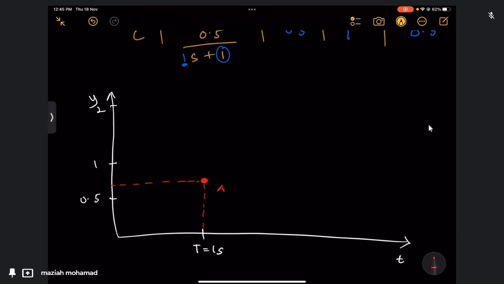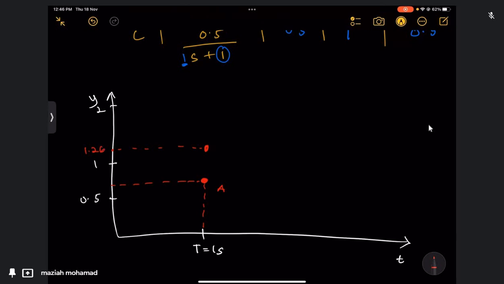This is for system A. For system B, the final value is 2. So 63.2% of 2 will be 1.26.